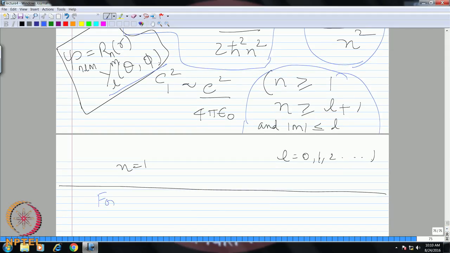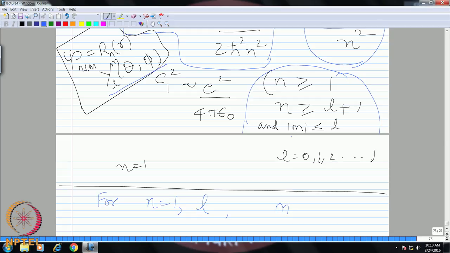For n equal to 1, let us look at all the degenerate states possible. What are the values of L and m?